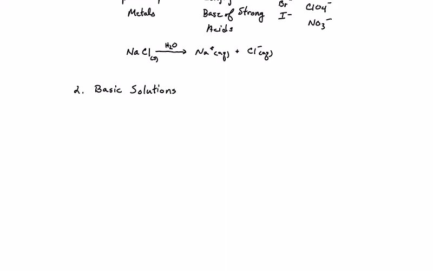Typically we're looking at cations that are group 1 or group 2 metals, and anions that are the conjugate bases of weak acids.